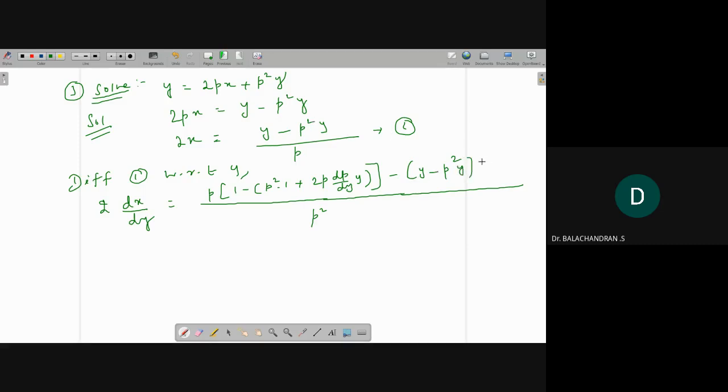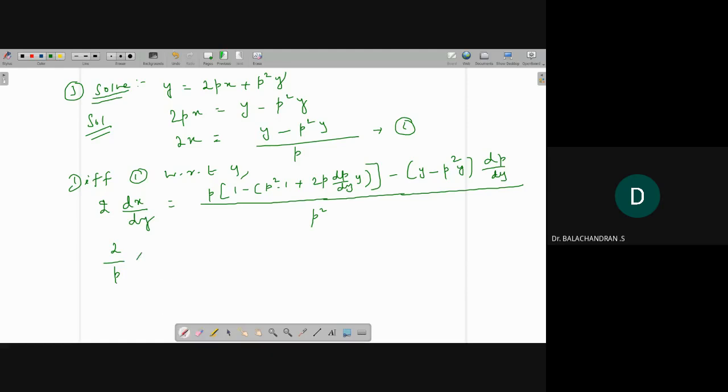If you differentiate the denominator with respect to y, you get dp by dy, so 2 divided by p. This is equal to... So now you can cross multiply by p square also. Okay, you can cross multiply by p square.